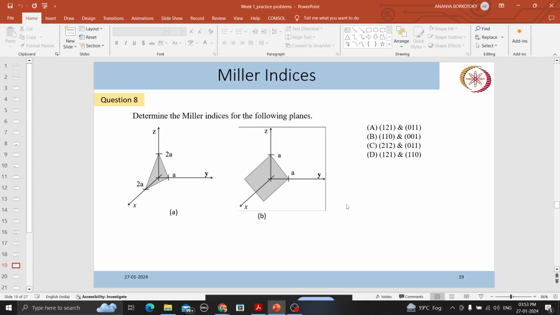The diagrams are visible clearly, right? Can someone answer? Option A is correct. Okay, option A. Yeah, option A is correct. What about others?